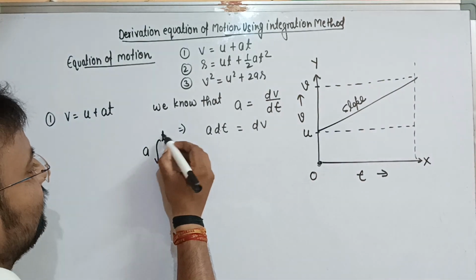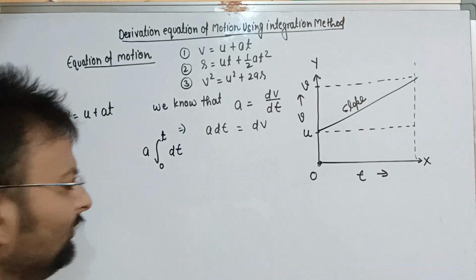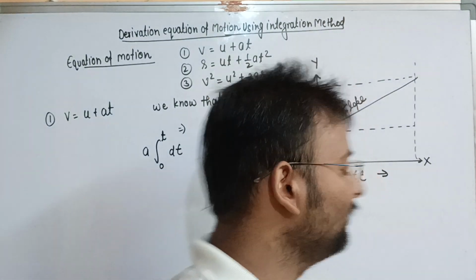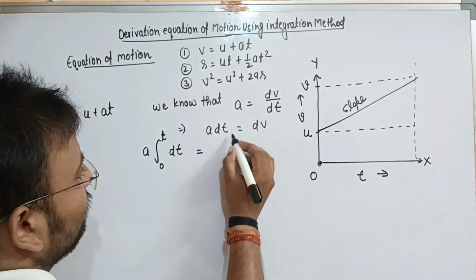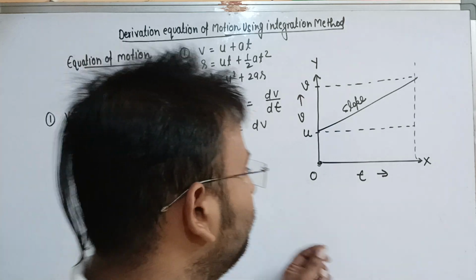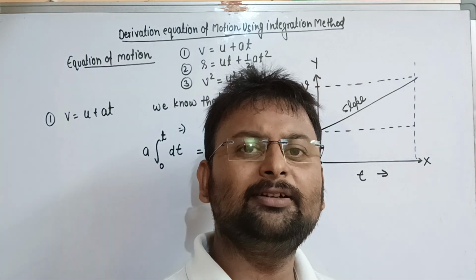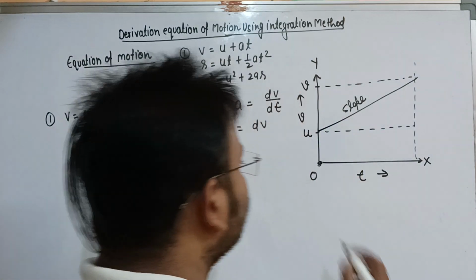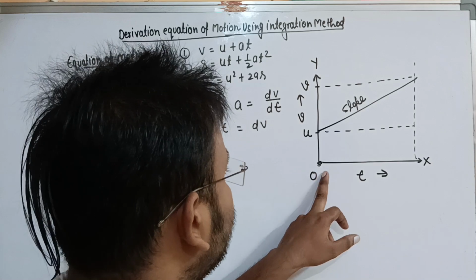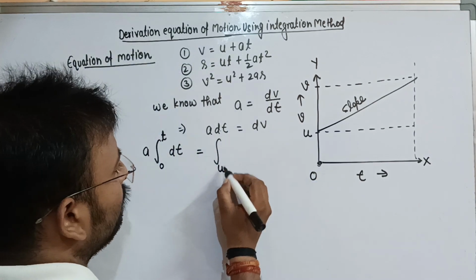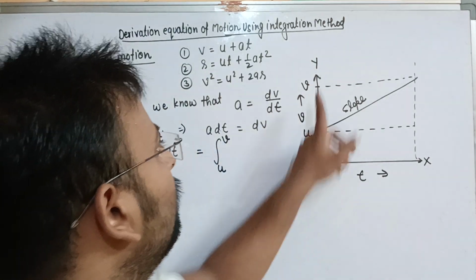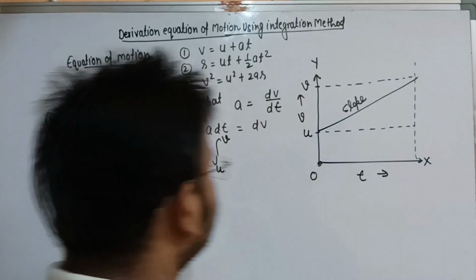The finite integration of a dt from 0 to t is equal to the integration of dv, as the particle goes from u to v.